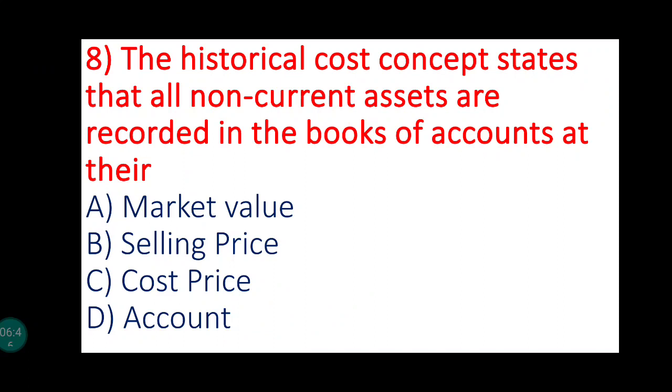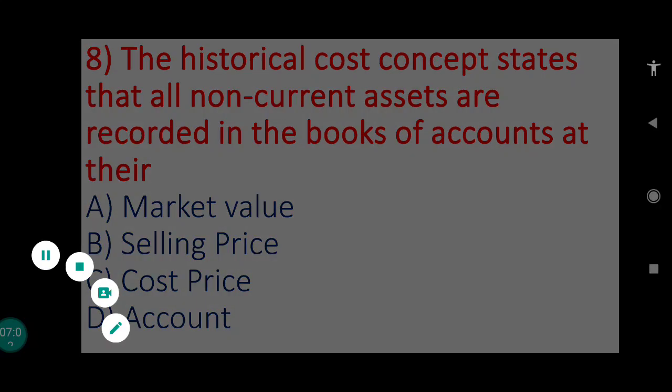Next one, the historical cost concept. The historical cost concept states that all non-current assets are recorded in the books of account at their, what will be the answer? At their cost price.